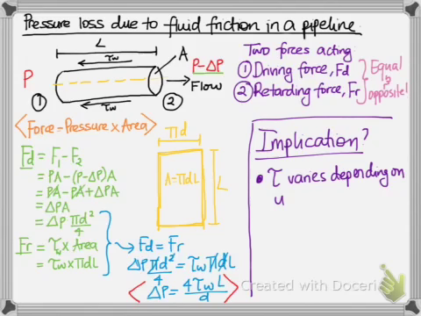Now these are all concepts that will be introduced later on, so do not feel that you really need to worry right now about turbulent and laminar flows. But the most important thing to remember is that our formula shows that the pipe pressure difference is going to depend on tau, and tau is going to depend on u, which shows the implication of flow velocity on pressure difference.